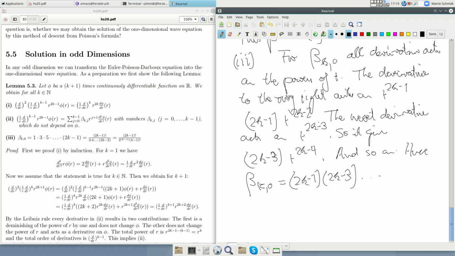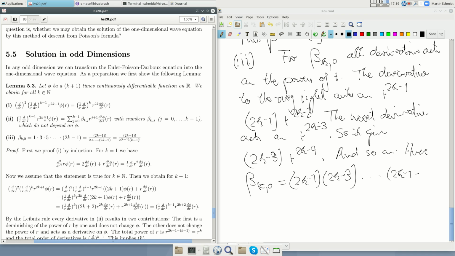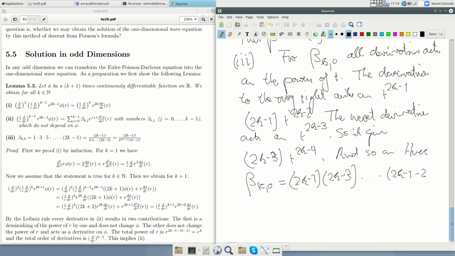The last factor is 2k minus 1 minus 2 times (k minus 2), because for the original one we subtract 0.